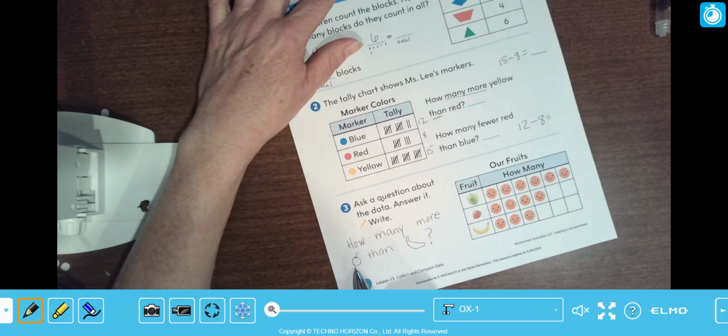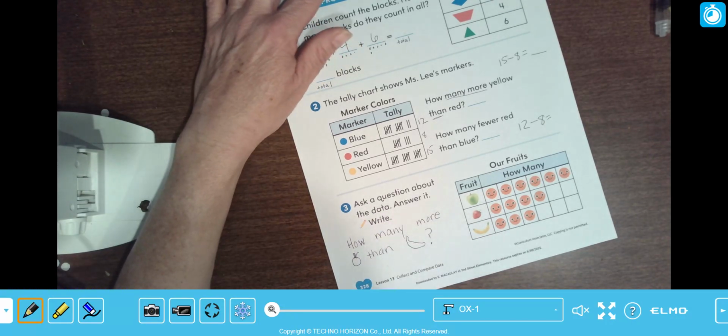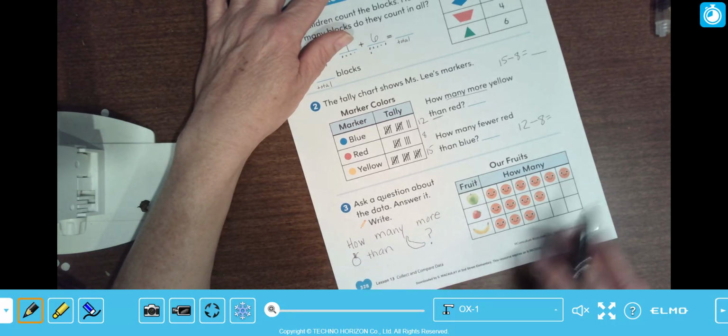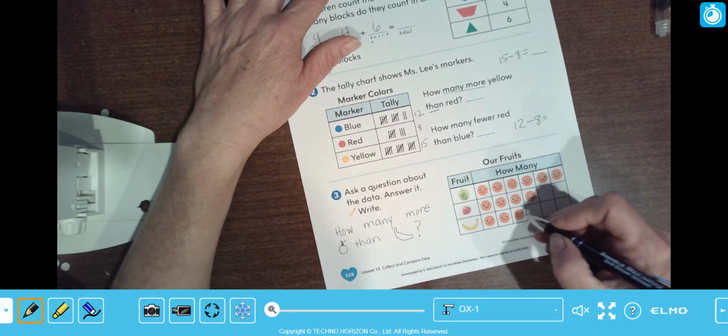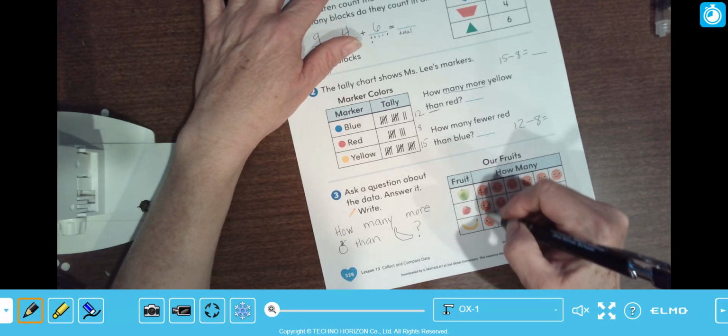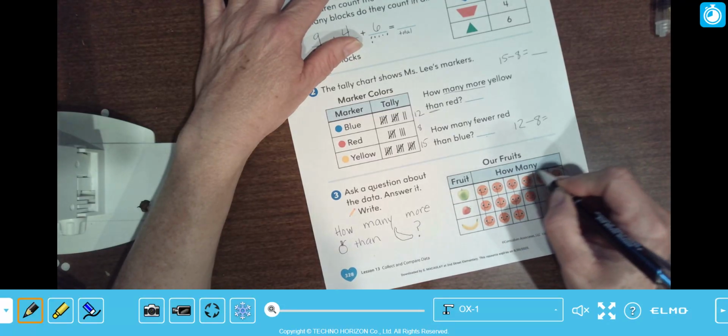That doesn't look like an apple, does it? How could I make it look more like an apple? Yeah, there. Okay, how many more apples than bananas? And then the answer would be right here. It's the same, the same, the same. Right here is when it's different.